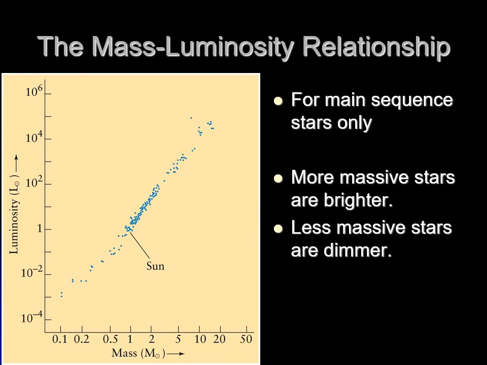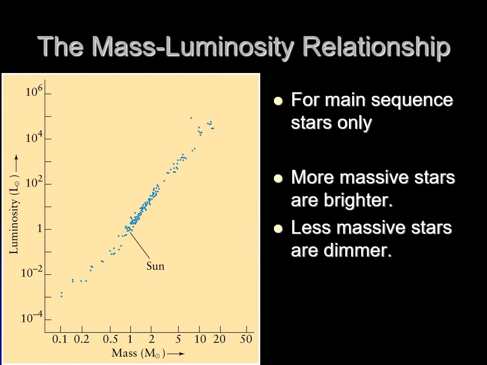One thing you discover is, if you look at main sequence stars, and this is only true for main sequence stars, there's a relationship between how bright the star is, the luminosity of the star, and the mass of the star. That means if you can figure out the absolute magnitude of the star, then you can figure out the luminosity.